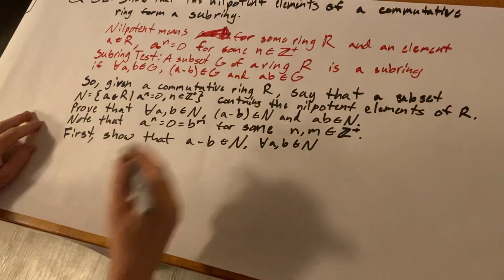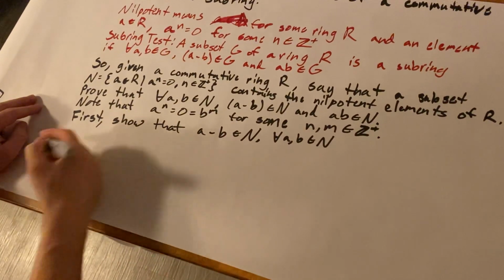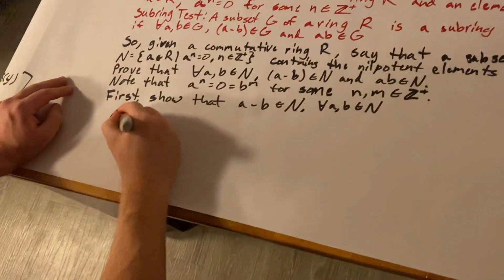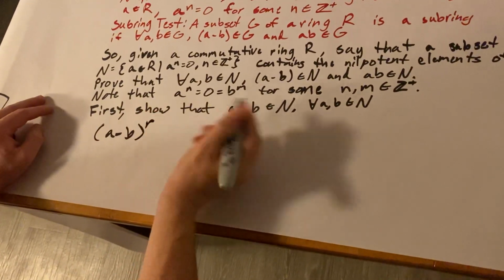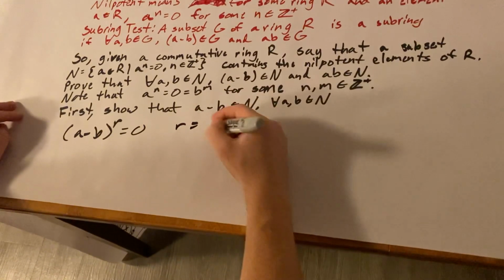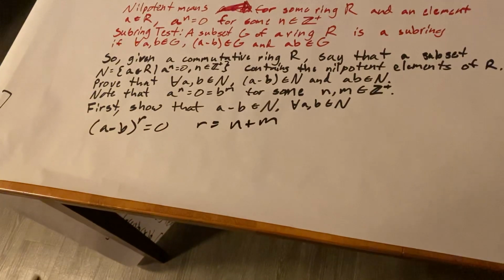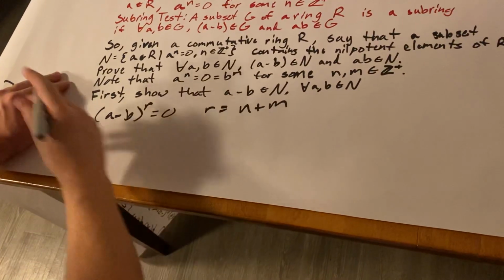So let's first show that a minus b is in N. A minus b in N implies that a minus b to some r is equal to 0. So let's say that r is equal to n plus m, because we know that a to the n and b to the m are both equal to 0.